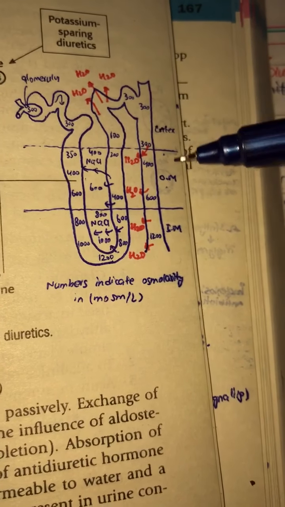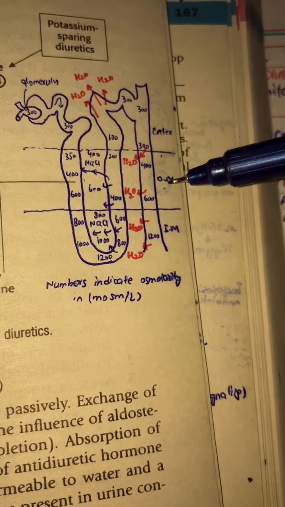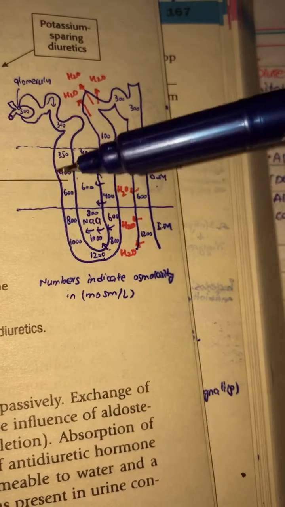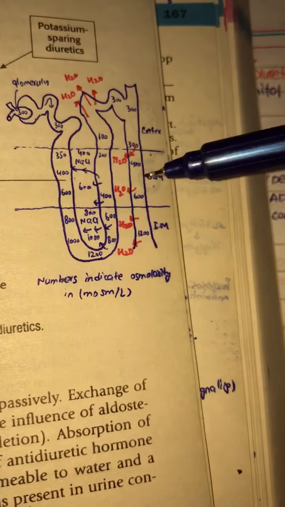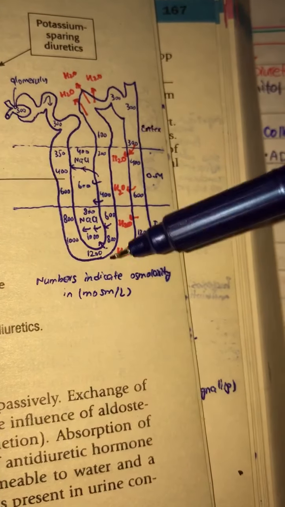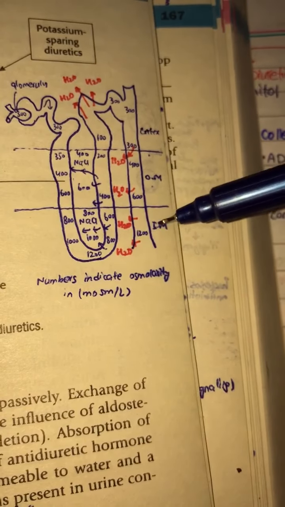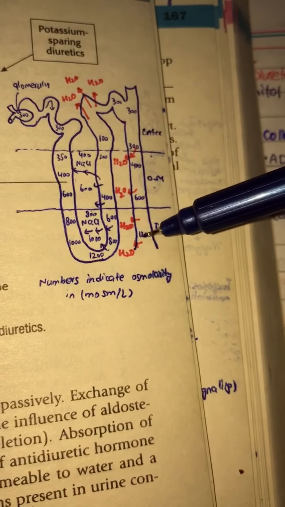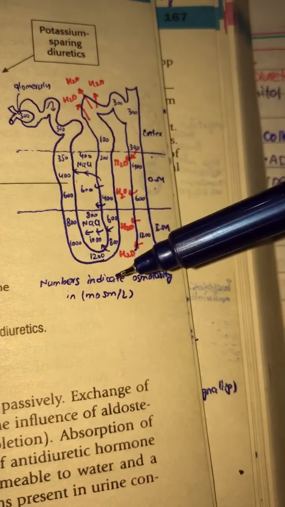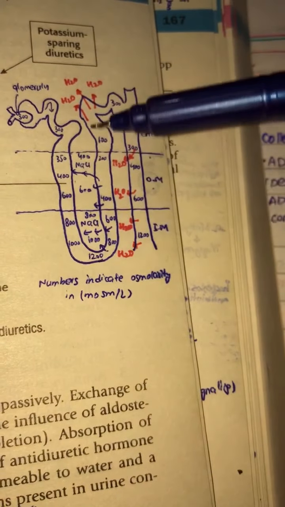Then the outer phase of the outer medulla involves hyperosmolarity and an increment in the osmolarity, while in the inner medulla there is a lot of osmolarity. In the downward loop of Henle we have 1200 osmolarity, and here we have 1200 osmolarity. As it is increased, the osmolarity will be increased in the upward direction.